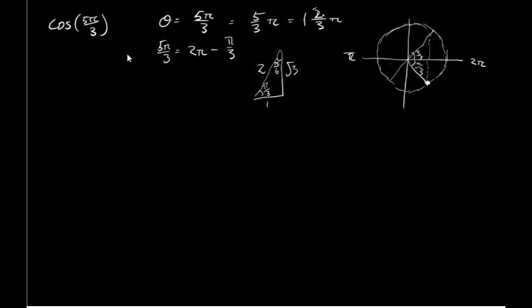And going back to the actual question, we're looking at cos of 5 pi on 3. So we've just found out that really we're looking at this triangle here, which is our exact triangle. So cos of pi on 3 is 1 over 2.